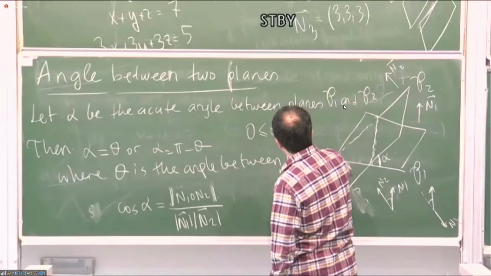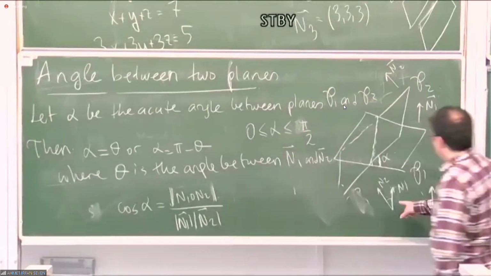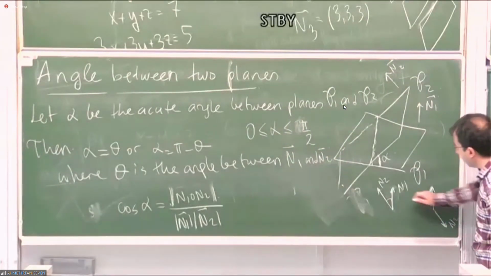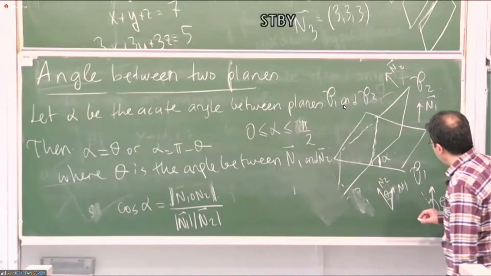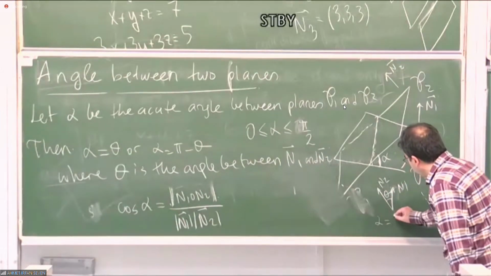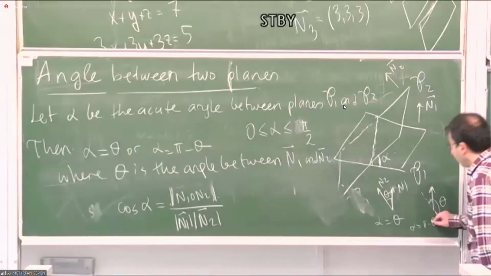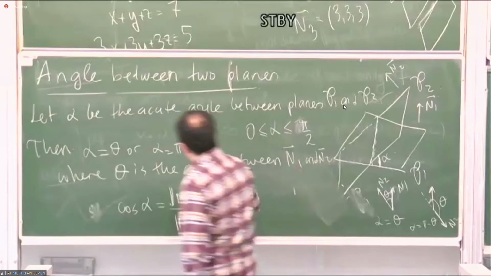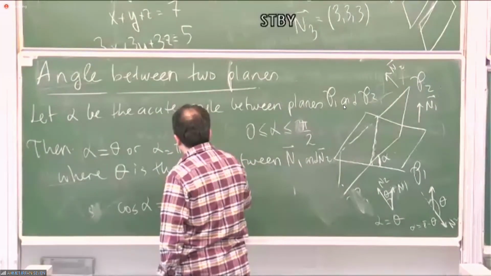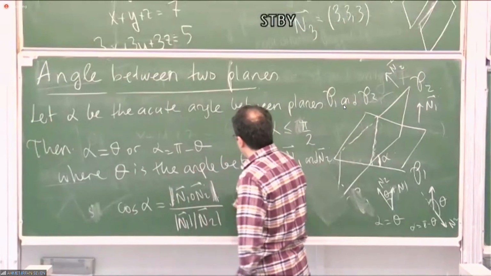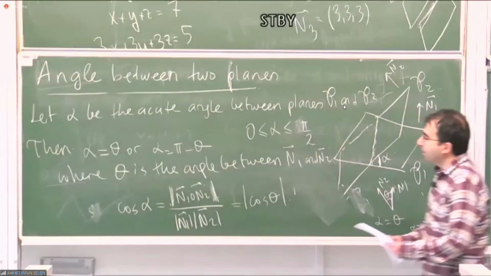So the picture will be either like that, this will be the case theta, and then the angle alpha will be theta, or it will be pi minus theta. Then cosine alpha will be equal to cosine theta. All right.